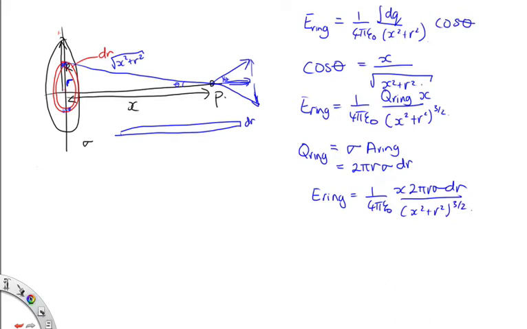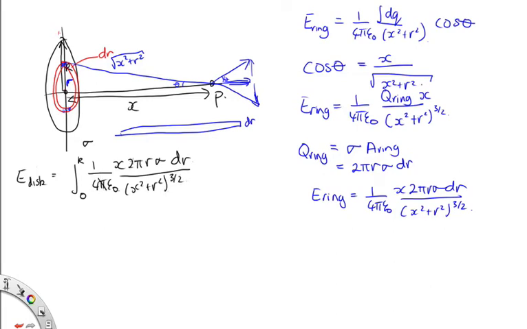Okay, so now let's add together all our rings to get our electric field for the disk. So the electric field for the disk will be the integral, where r is going from 0 up to capital R, of 1 over 4 pi epsilon naught times x times 2 pi r sigma dr over x squared plus r squared to the 3 on 2.